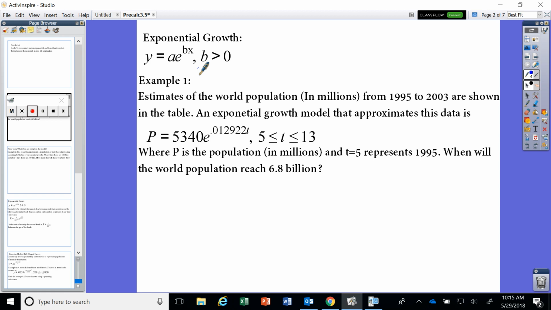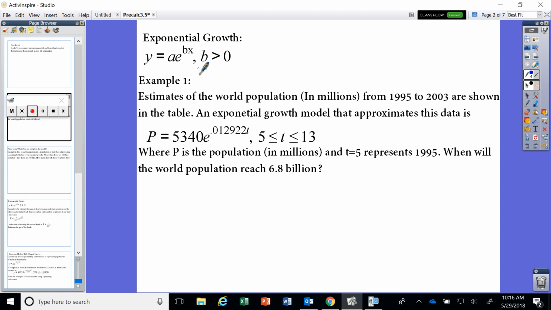And it says, when specifically will the world population be 6.8 billion? Now, on the table specifically, everything is not in billions.